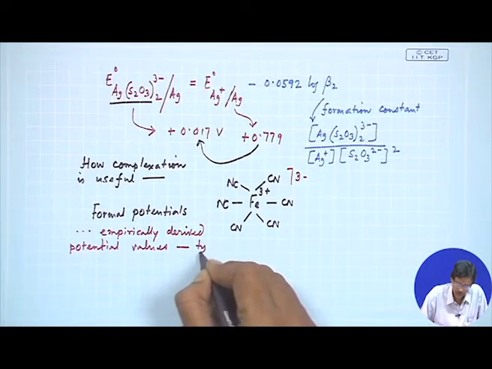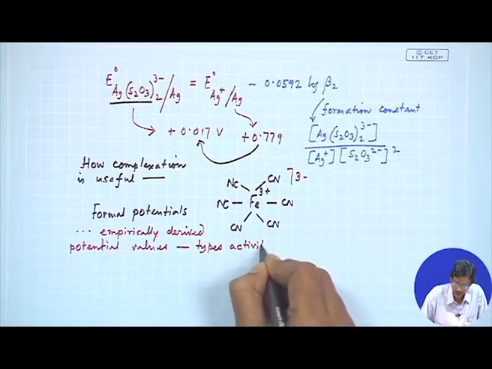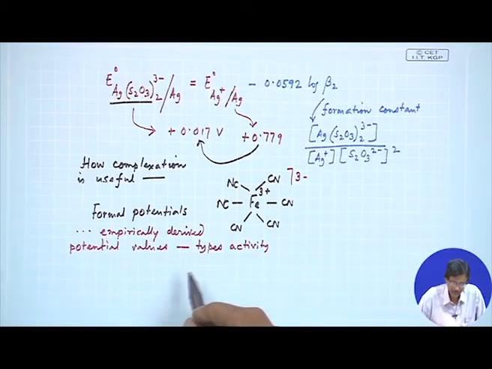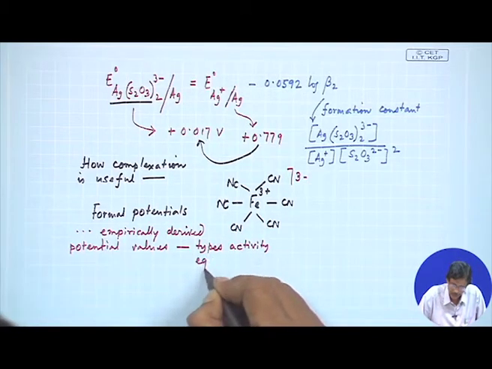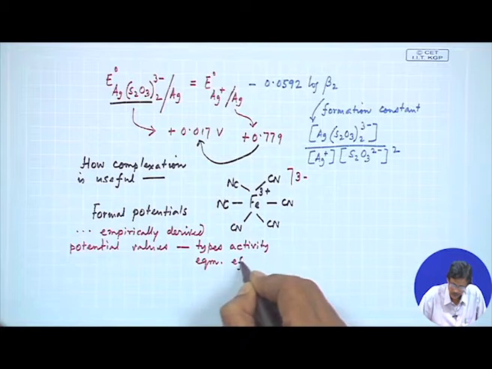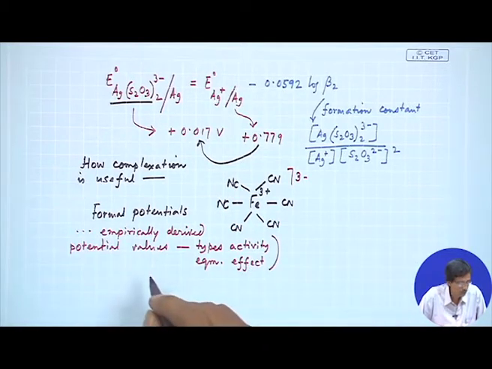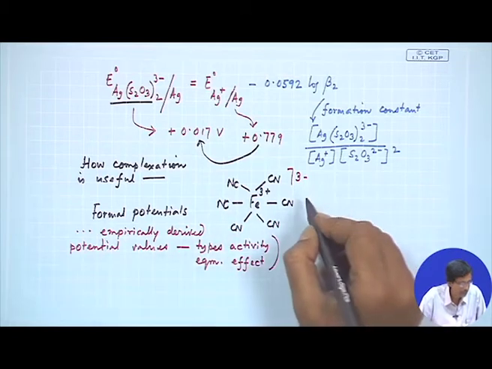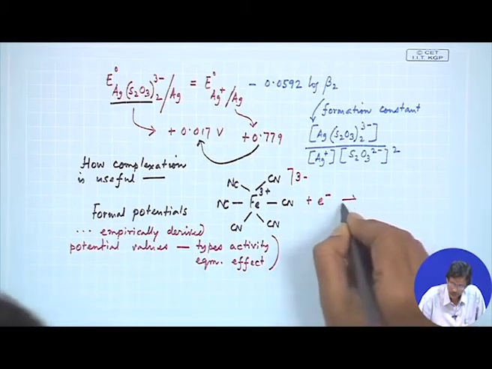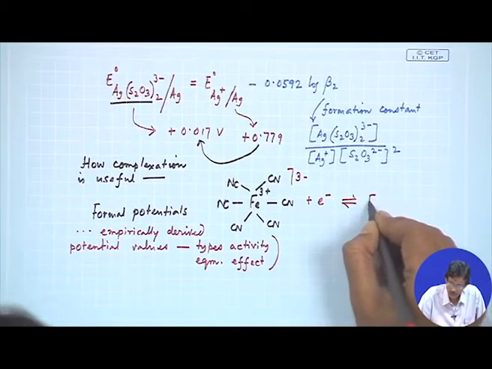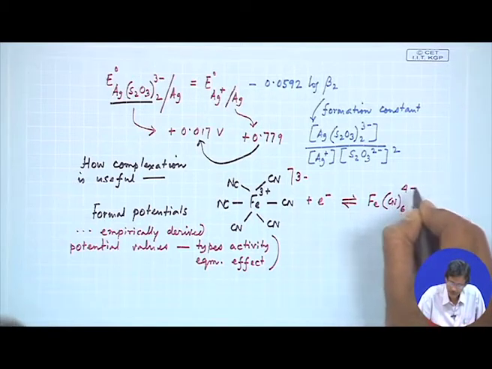That is, the types of activity in the reaction medium where we are adding cyanide ion, and the equilibrium effect. If we consider these two things together, we get the corresponding reduction of these as one electron transfer, giving rise to the ferrocyanide ion, which is Fe(CN)6 4-.